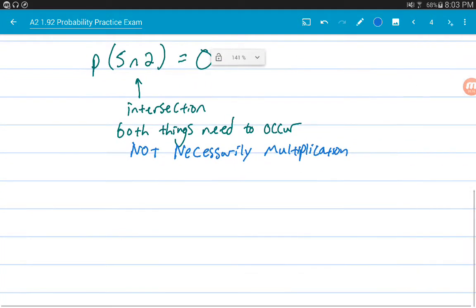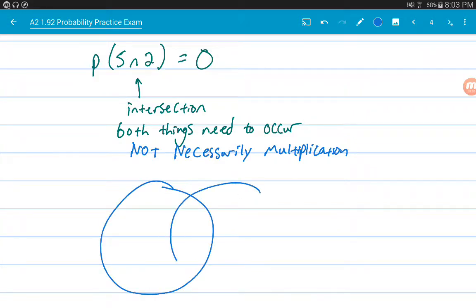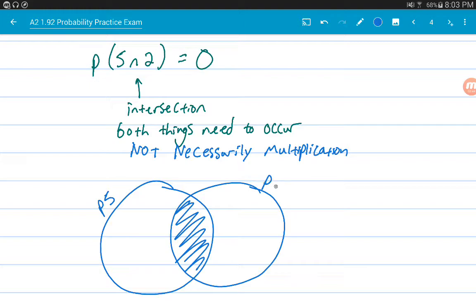What it is, it is always the middle of the Venn diagram. It is the intersection in the middle. So if I had something like the probability of getting a 5 and the probability of getting a 2, the probability of getting both of them, aka the middle of the Venn diagram, that probability in here is going to be 0.